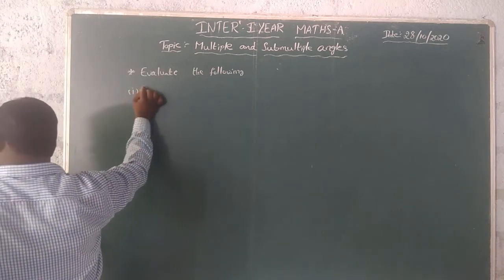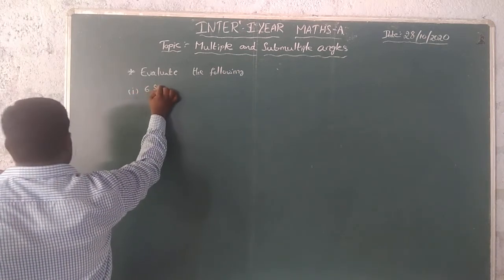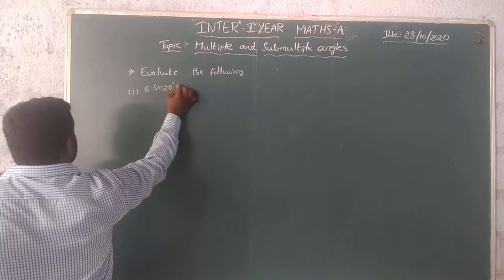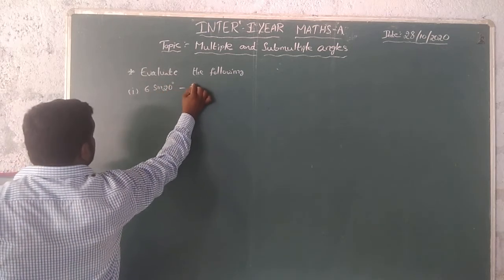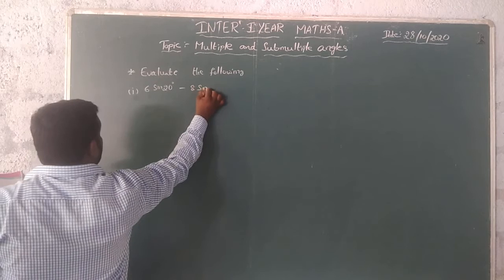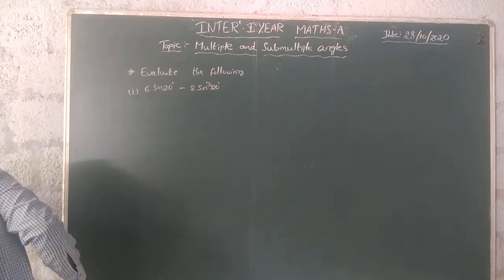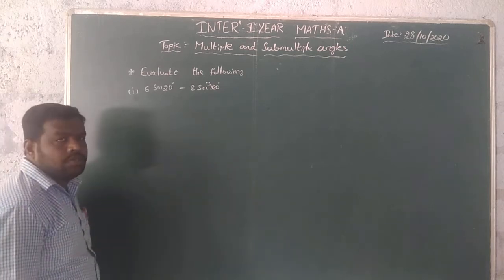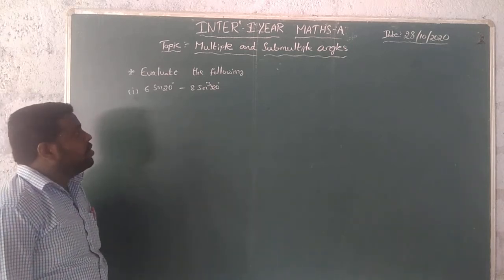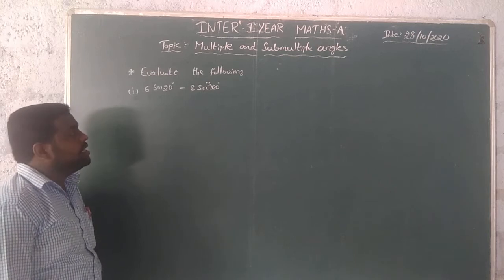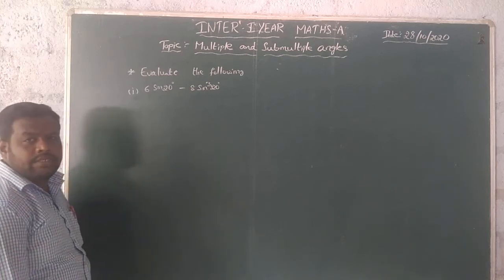First one: 6 sin 20 degrees minus 8 sin cube 20 degrees. Evaluate the following: 6 sin 20 degrees minus 8 sin cube 20 degrees.